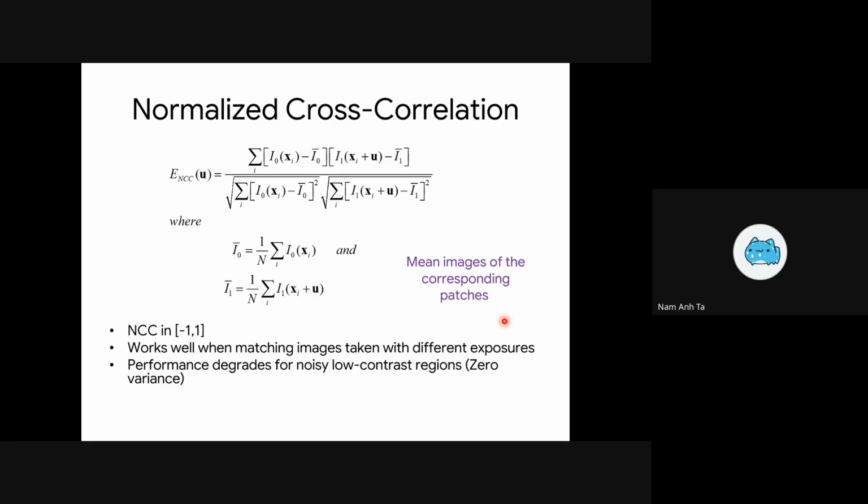One of the best features of NCC is its output range, which is strictly between negative 1 and 1. A score of 1 means that you found a perfect match.